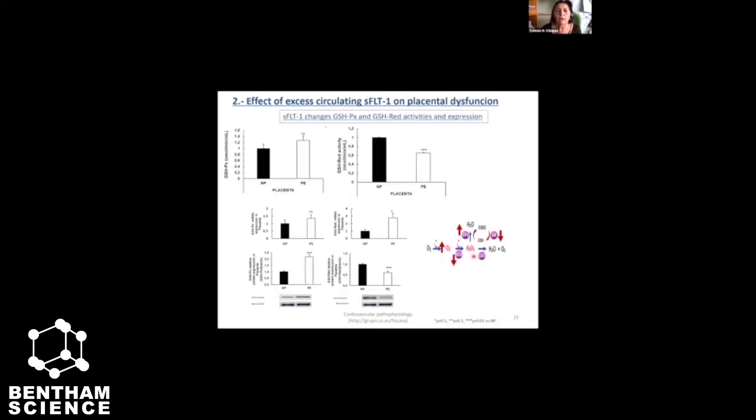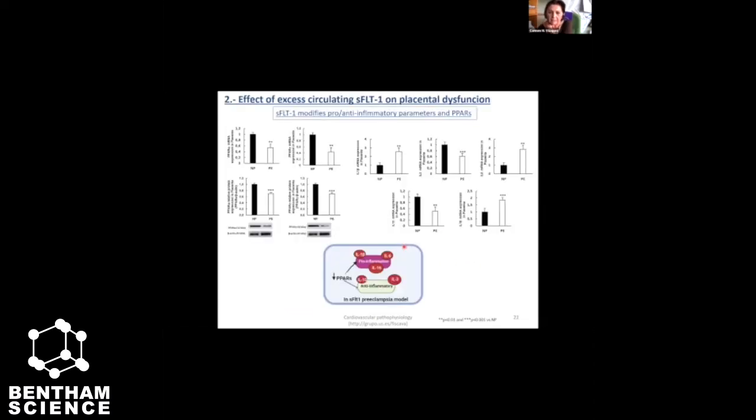The other antioxidant enzymes are glutathione peroxidase and glutathione reductase. For glutathione peroxidase, we observe an increase in its expression in preeclamptic animals. However, glutathione reductase activity was decreased, but an increase in the expression was found in placenta from preeclamptic animals.